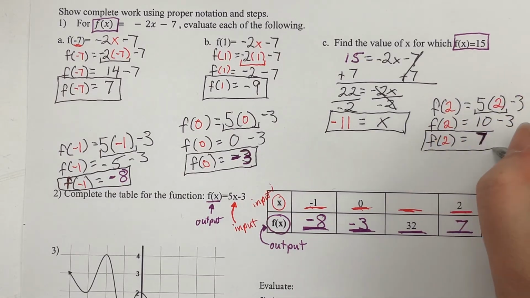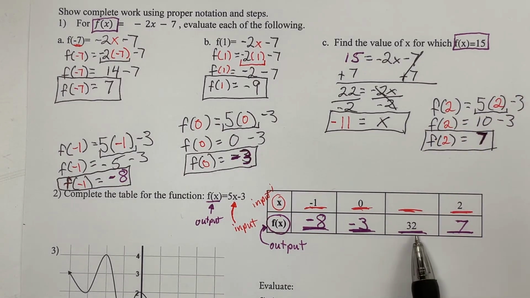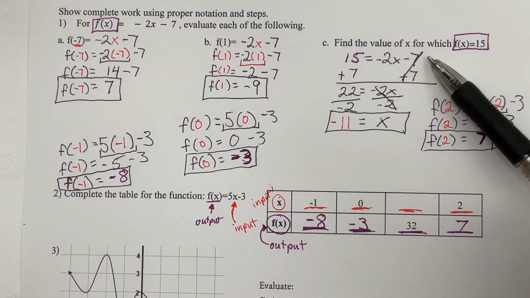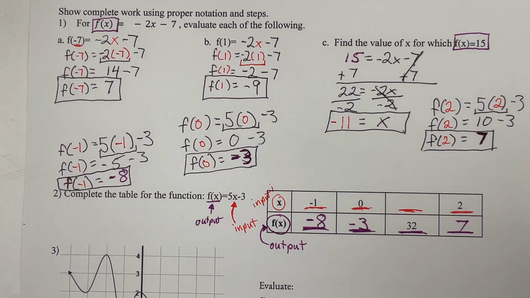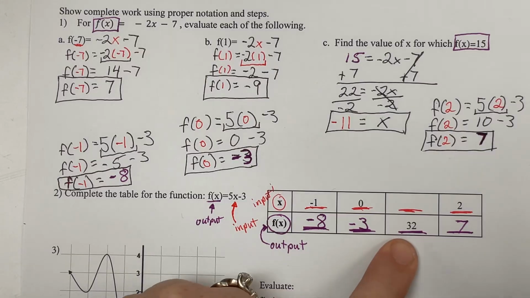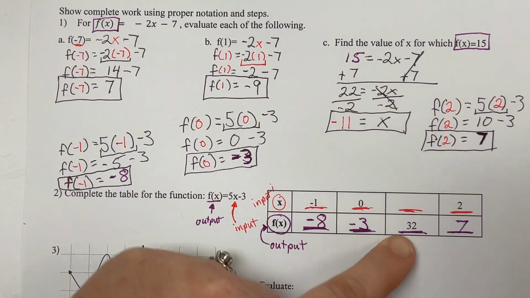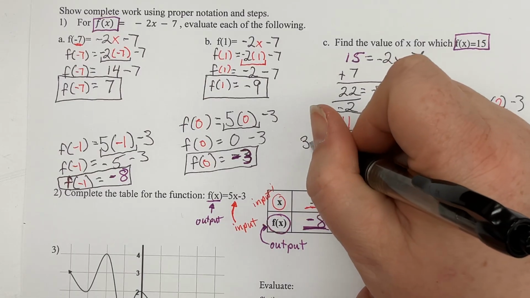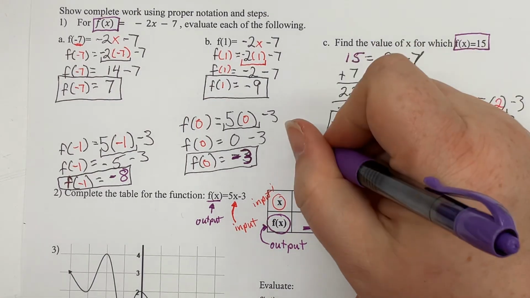Okay, so for this next problem, without me telling you, do you know how to set this up? How is this one different? It looks just like this one up here. So that's how we're going to set it up. Our output is 32. I'm going to try to squeeze this in here. Wrong color.